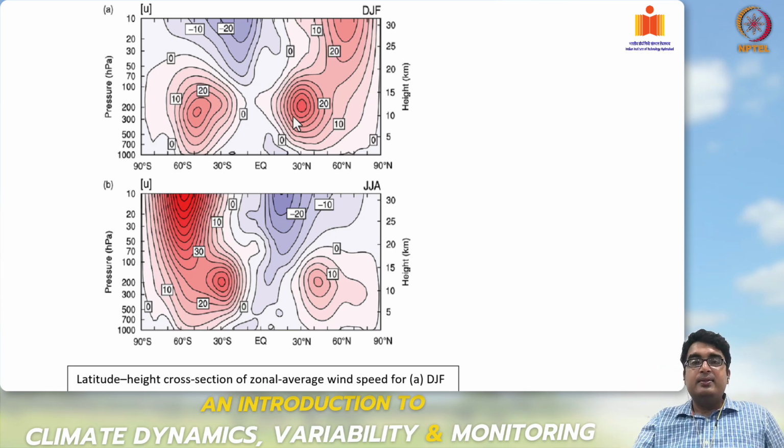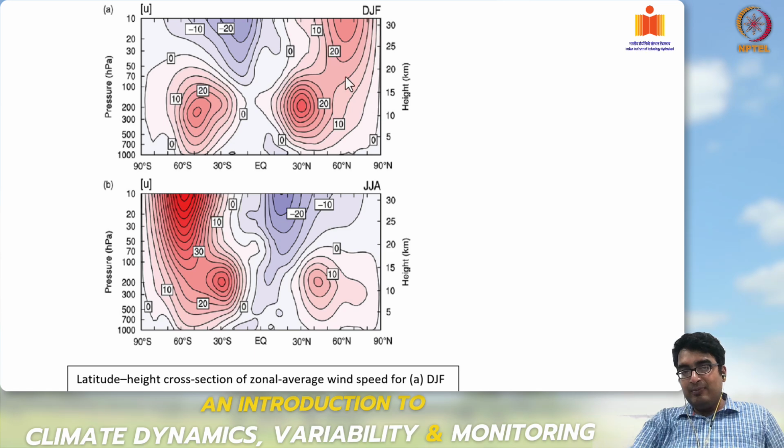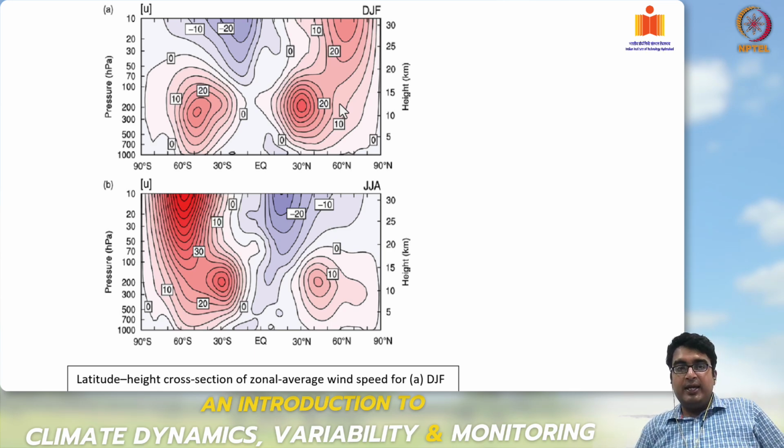The other thing is you will have stronger westerly circulation near the tropopause in the winter hemisphere, because the temperature gradient from the equator towards the poles is much stronger in the winter hemisphere than in the summer hemisphere, which gets reasonably uniform solar insolation throughout. So you have stronger westerlies in the winter hemisphere and weaker westerlies in the summer hemisphere.